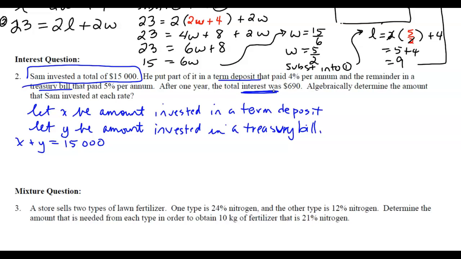In your account, you'll have 104, but interest is $4. All you do is multiply. That's if it's for 1 year. If it was for 2 years, then you multiply that by 2, right? So here, we're going to take X and multiply it by the decimal form of that percent. So 0.04X plus, because we're going to get the total interest, 0.05Y, and the interest is 690.